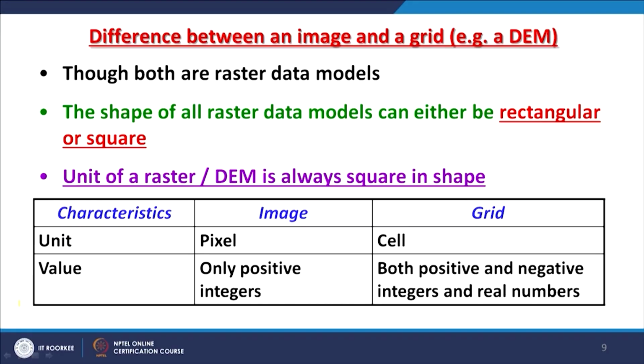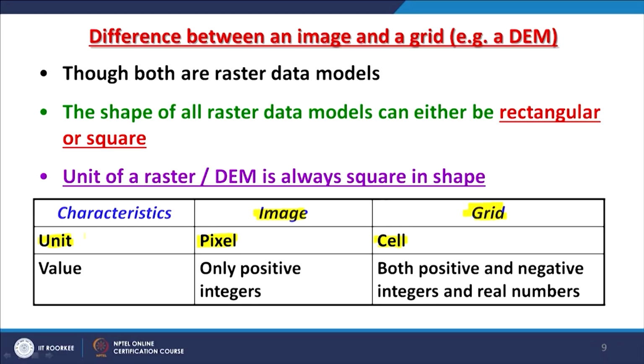So these are two major differences, otherwise everything is the same. The unit in an image is called pixel rather than cell. Whenever I say pixel, I am talking about an image, and whenever I say cell, I am talking about the grid.